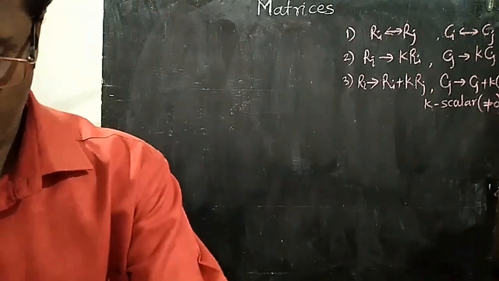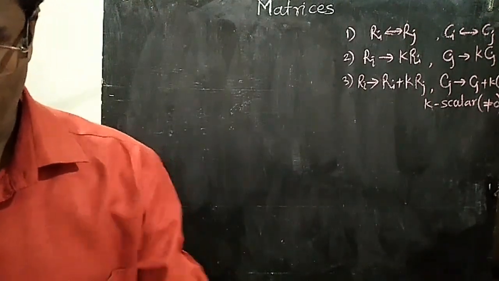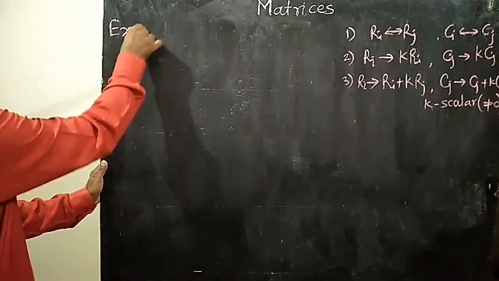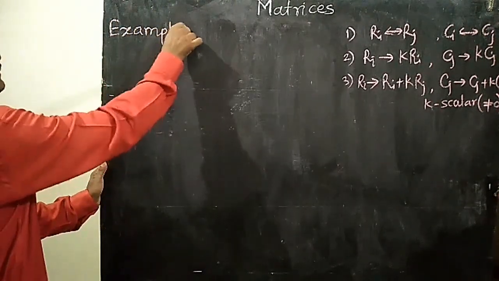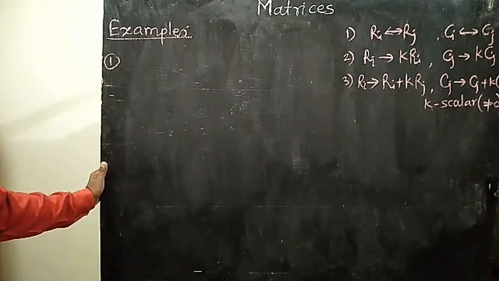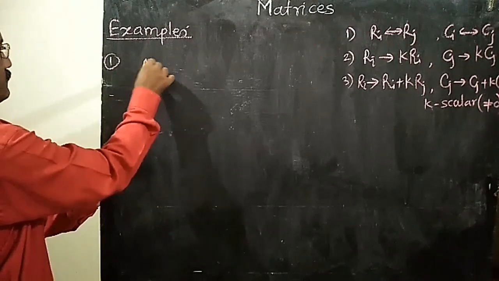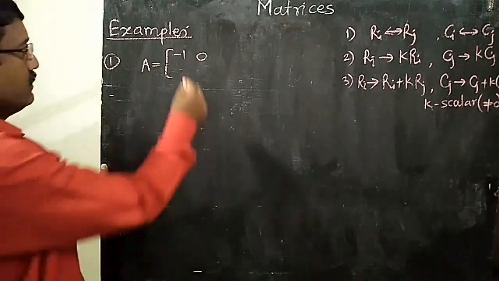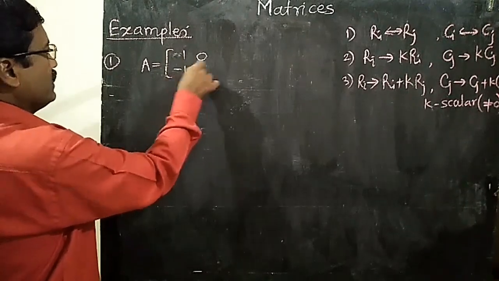First one, matrix A is given: minus 1 0 and 1 0 and minus 1 3.